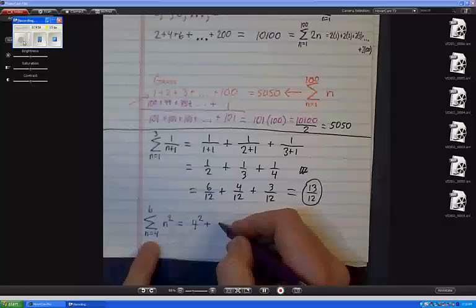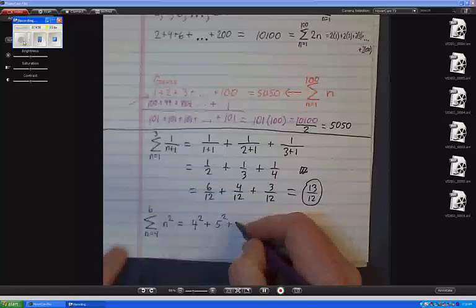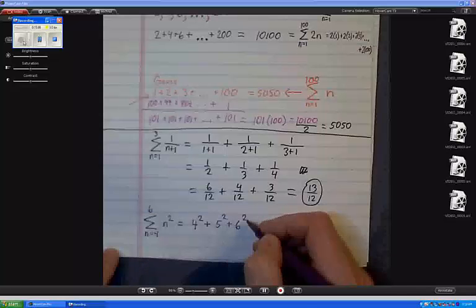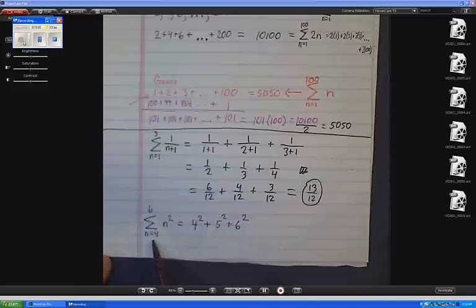Then 5 squared. We're going to stop at 6, it says, right? 6 squared. You stop at the top number. You start at the bottom number, and you stop at the top number. It just means that's where n starts and that's where n ends.